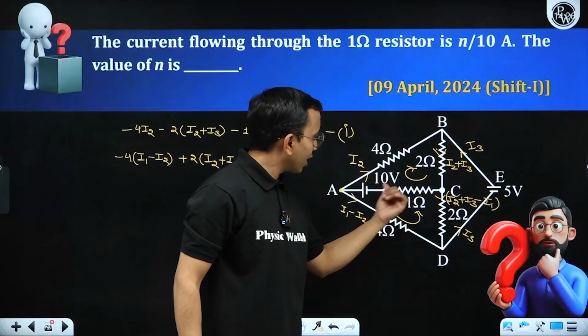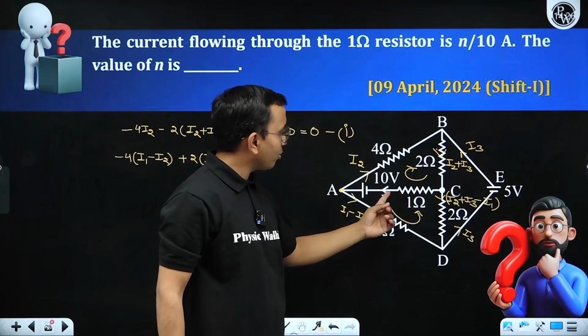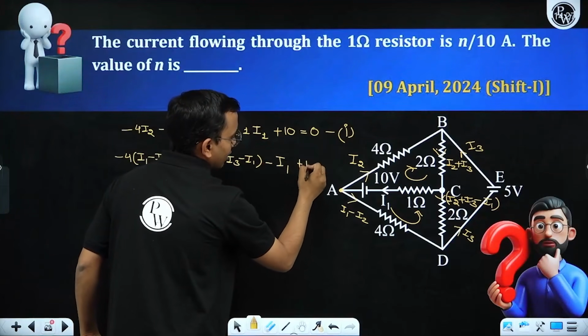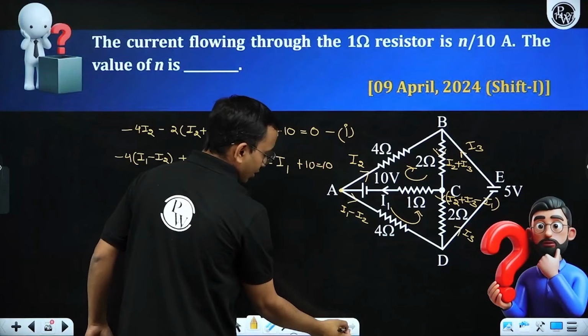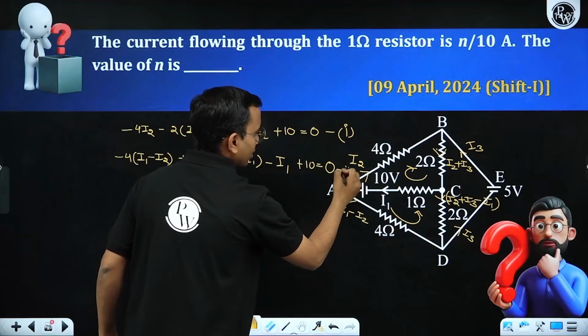Then moving across this, in the direction of current, so minus I1 plus 10 is equal to 0. This is my second equation.